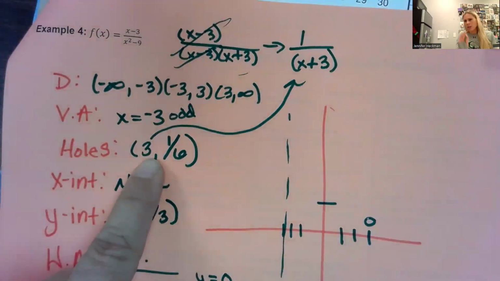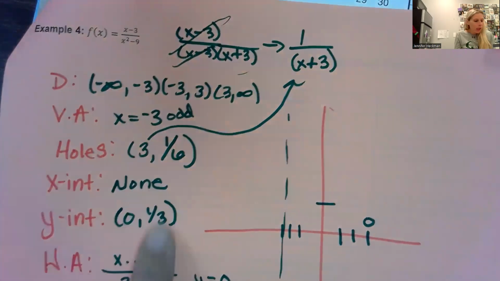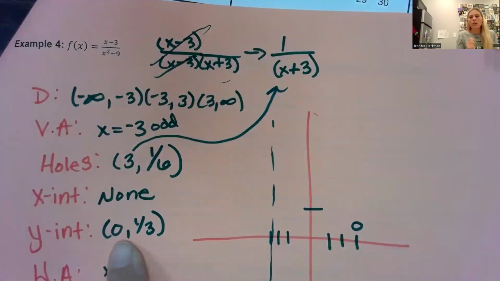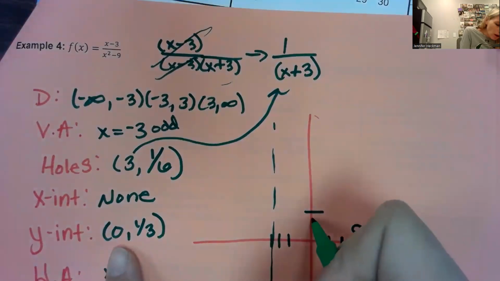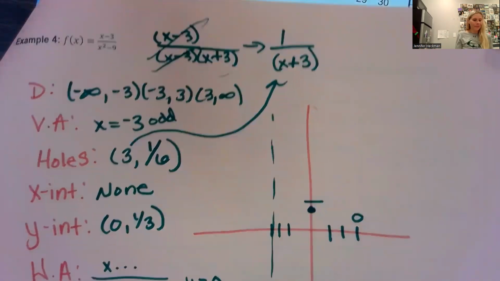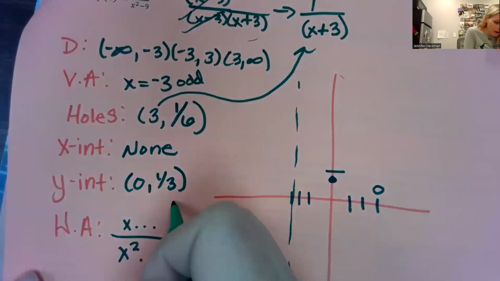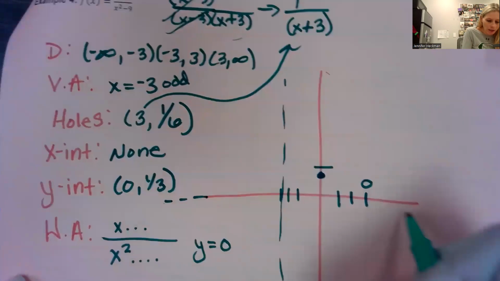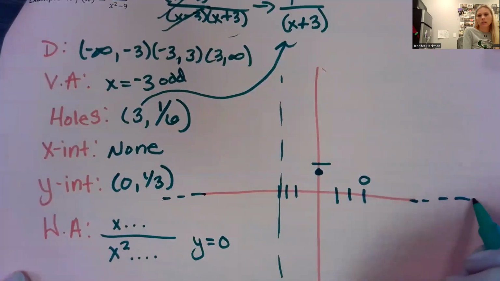No big deal, we're sketching. Our y-intercept is 0, 1/3. Now keep in mind that 1/3 is greater than 1/6, so our y-intercept is above our hole. And then we have our y equals 0 horizontal asymptote.